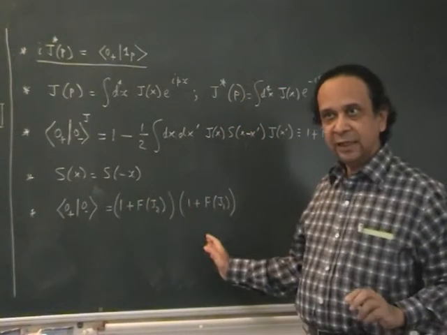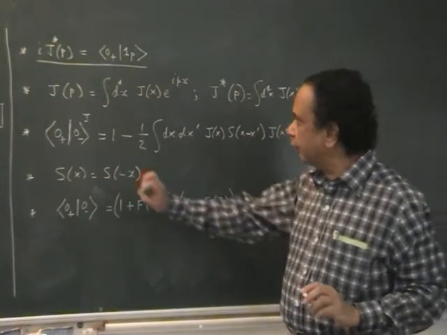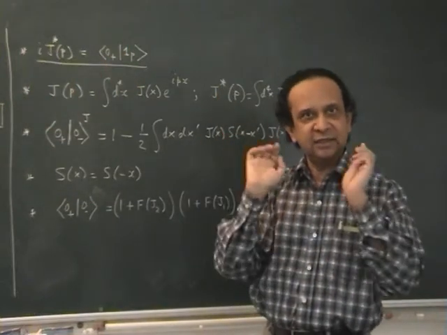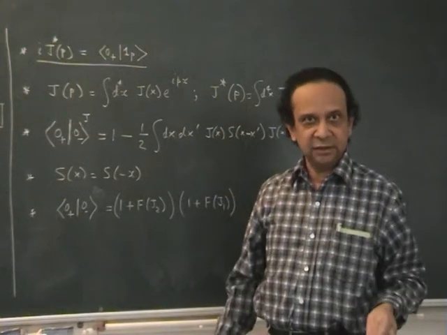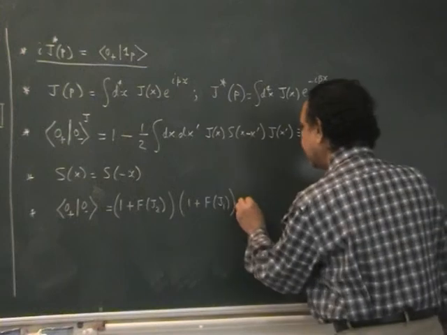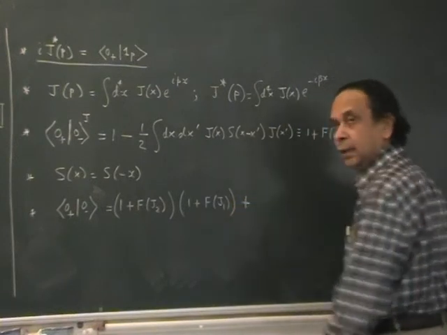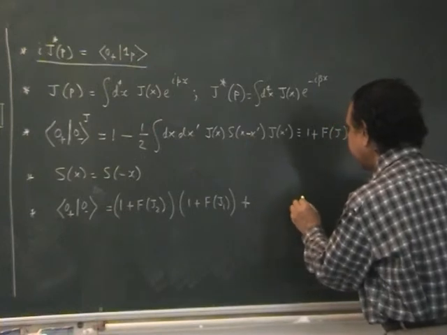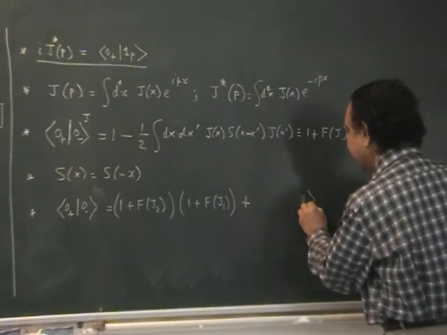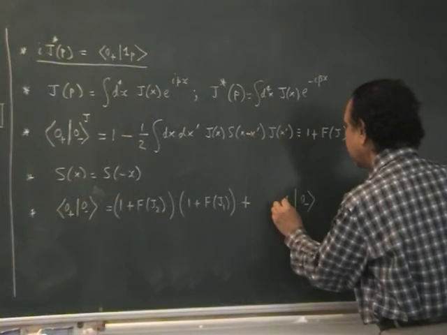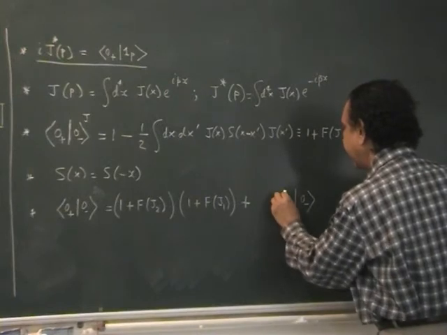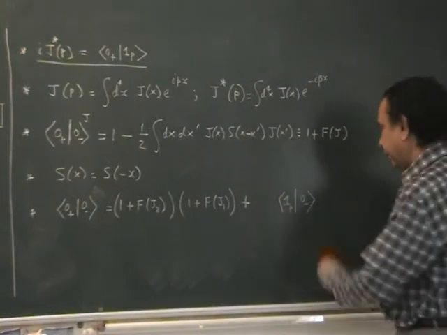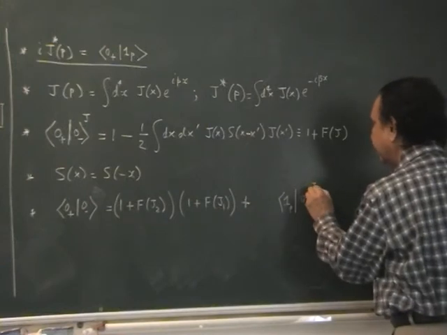These two factors tell you what is going to happen if only J2 and only J1 is acting without coordinating among themselves. But plus there is a process in which you start with this no particle state, go to a particle with 1p in the presence of J2.